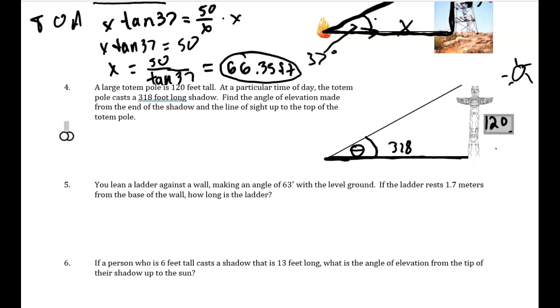If that's our angle, we have opposite, we have adjacent, so it's another tangent. So we would say the tangent of our angle would equal the opposite side of 120 divided by the adjacent side of 318. To solve this, we have to hit that second tangent key since we're now looking for the variable.